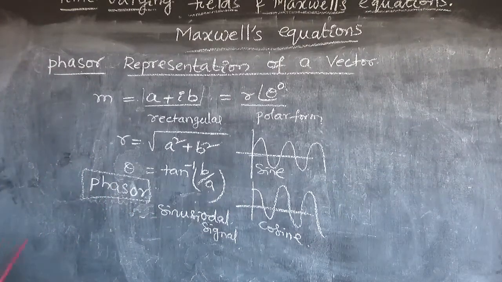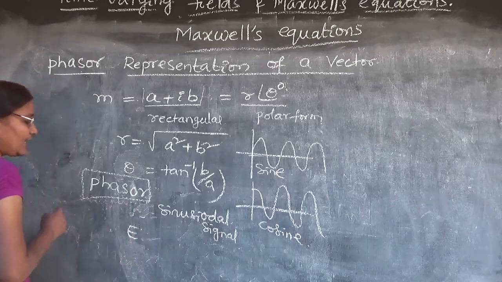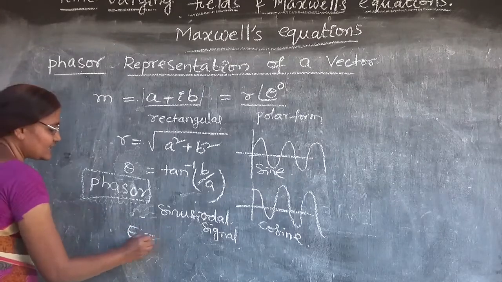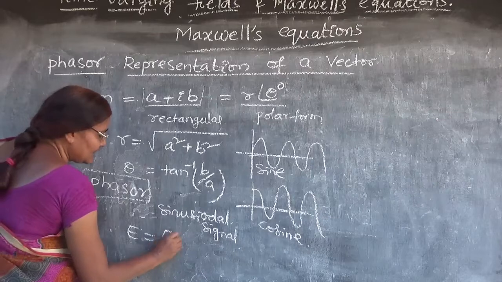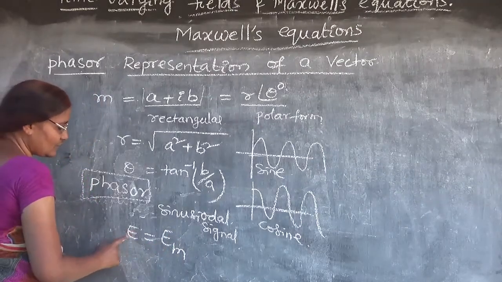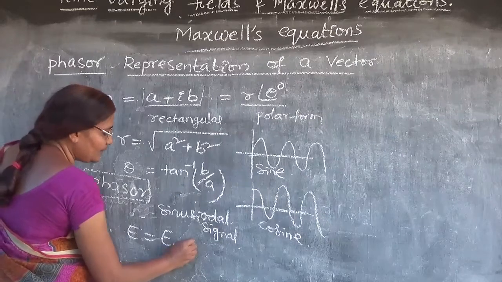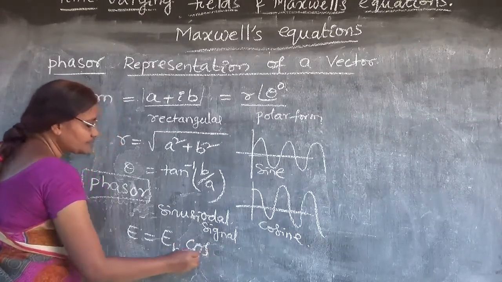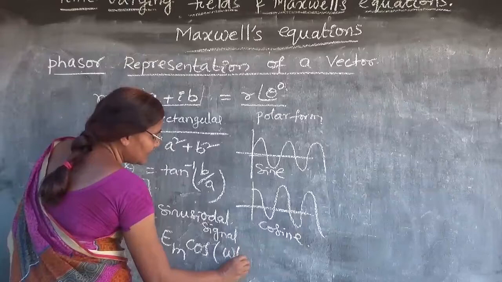So what are the features of these sinusoidal signals? Suppose I am representing a wave or a signal, then it can be represented in this way: E is equal to Em cos omega t plus phi.